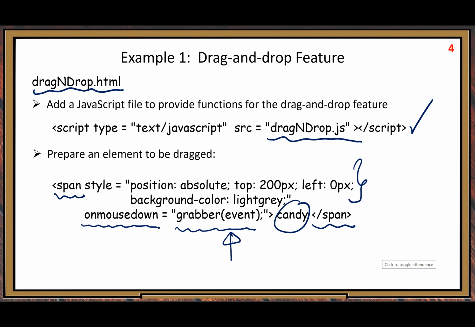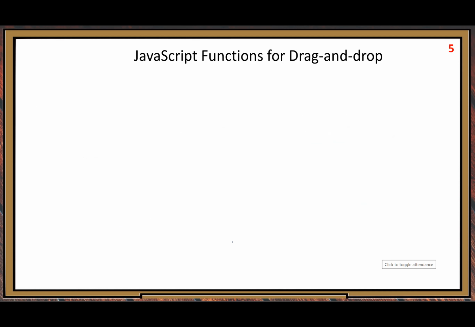Now let's move to the JavaScript function definition, how to do drag and drop in a JavaScript function. This is the grabber function. You can use a text editor to open this drag and drop.js and see the definitions of all the functions, containing some comments and descriptions. Here I explain the main part so you can understand.